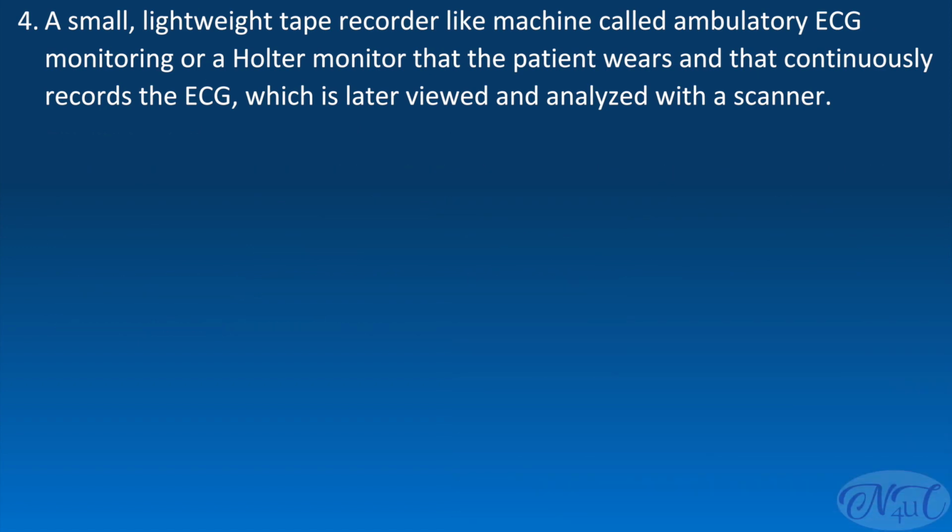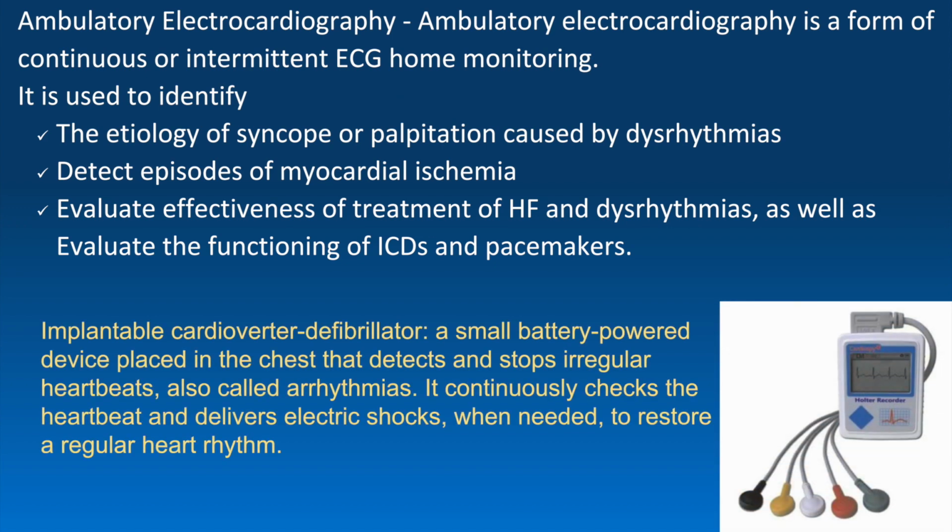A small lightweight tape recorder-like machine called ambulatory ECG monitoring, or a Holter monitor, is worn by the patient and continuously records the ECG, which is later viewed and analyzed with a scanner. Ambulatory electrocardiography is a form of continuous or intermittent ECG home monitoring.